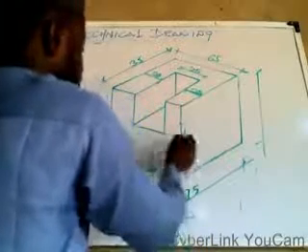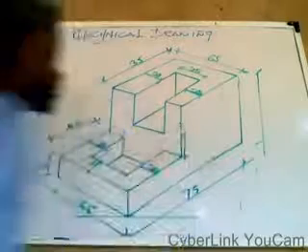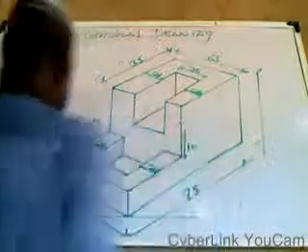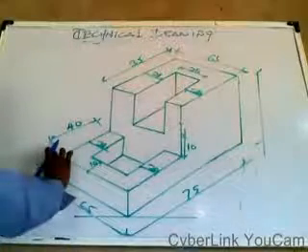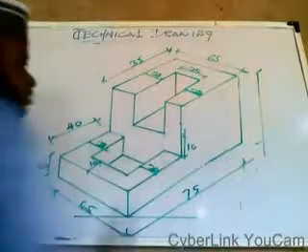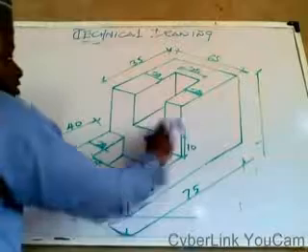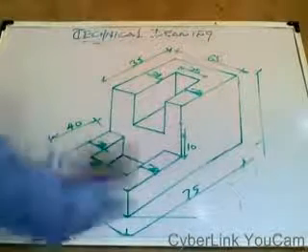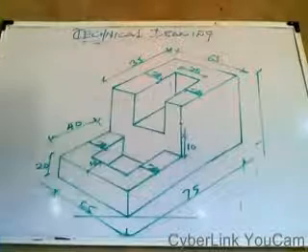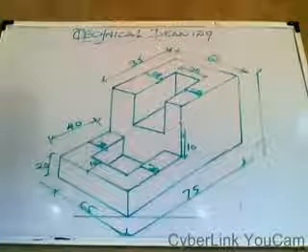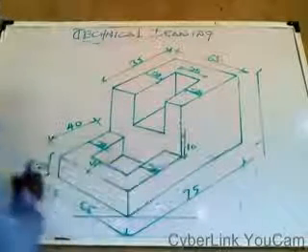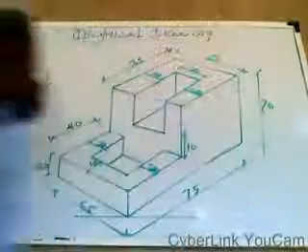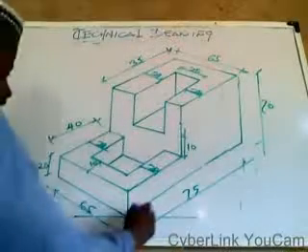From this one to get this line to this side, let's say that one is 1, that is 10. And this one is 20, this one is 10, that is 30. So the remaining one is from here to here. Let's use that one as 40. So 20 plus 10 plus 40, that is what? 40 plus 10, 50, plus 20, 70. So that is 70. That is the height. So don't forget that the angle is 30 degrees.